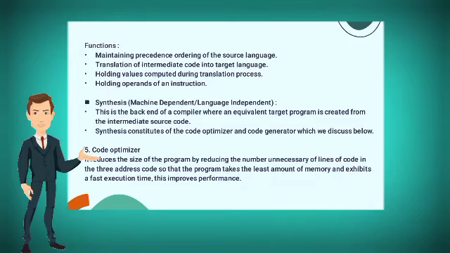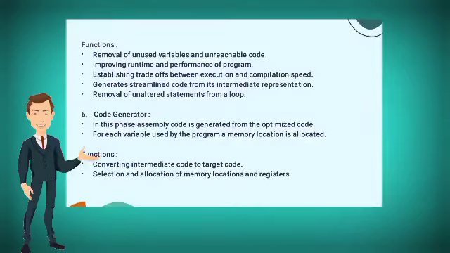This improves performance. Functions: removal of unused variables and unreachable code, improving runtime and performance of the program, establishing trade-offs between execution and compilation speed, generating streamlined code from its intermediate representation, removal of unaltered statements from a loop.